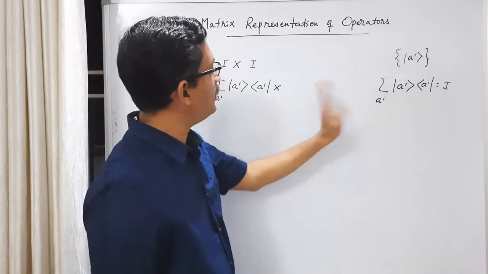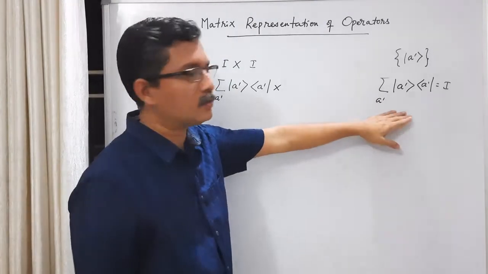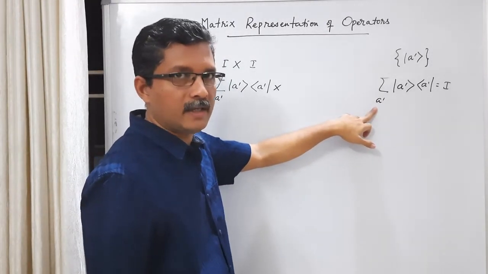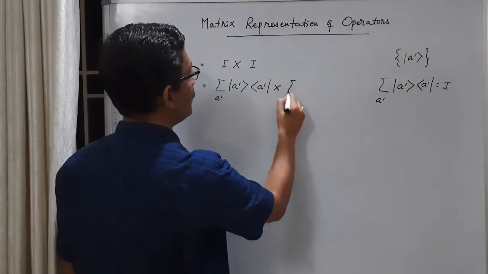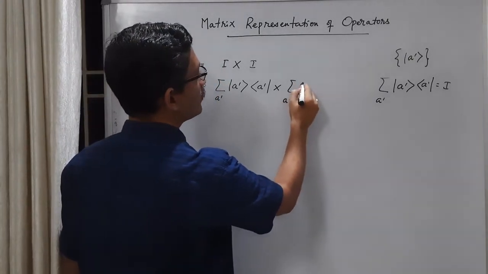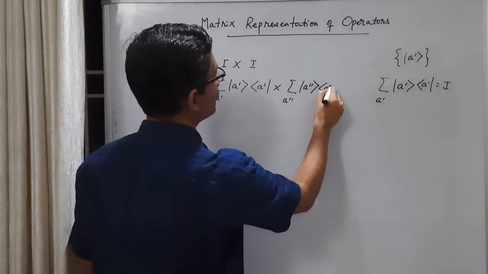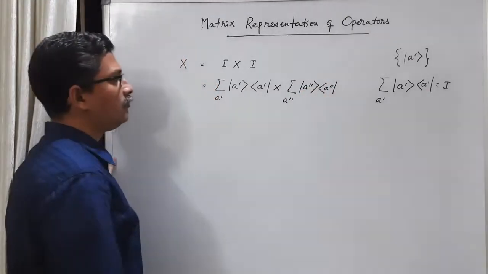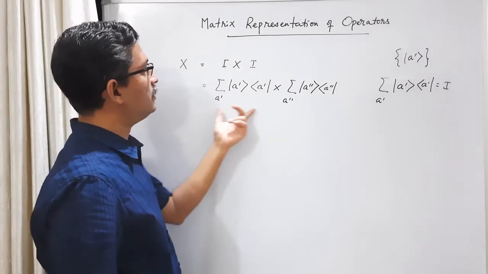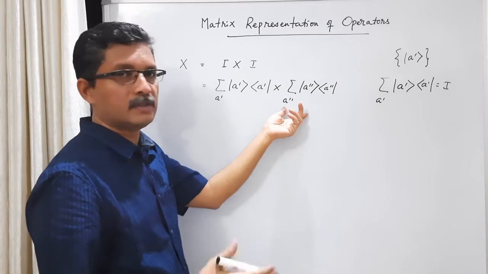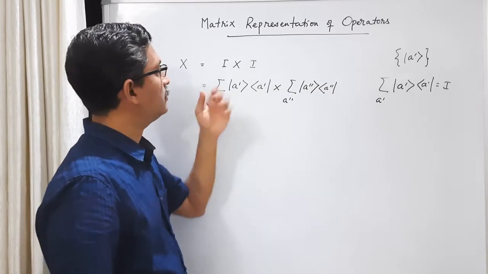Then for the next identity, I have to repeat the same thing, but when we repeat it, let us use a different index. After all, this is a dummy index. Instead of A prime, we can also use any other symbol. So let me use A double prime: ket A double prime, bra vector A double prime. So this and this represent the same basis set. Only thing is that I have used a different index on the right side.